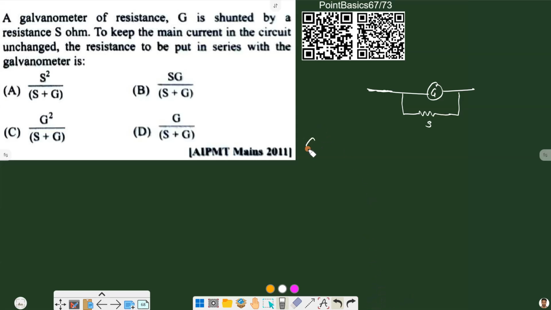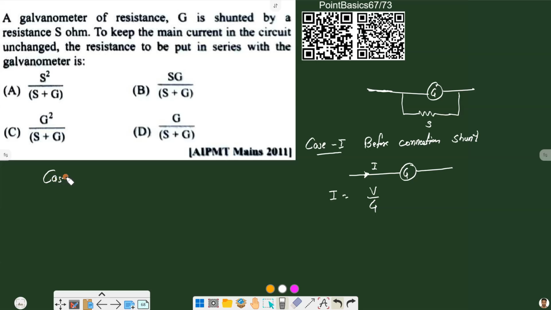Case 1, before connecting the shunt or resistance S. Before connecting the shunt, our circuit looks like this, and here current is I. So I will be just potential divided by the resistance of the galvanometer. Now case 2, after connecting the shunt.